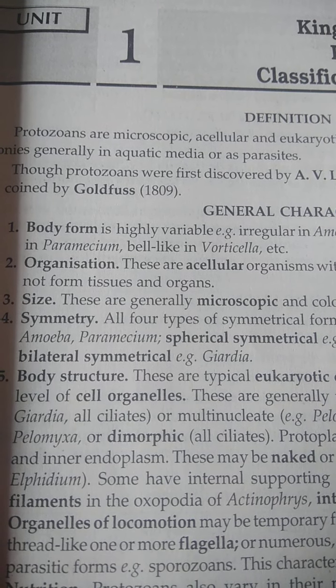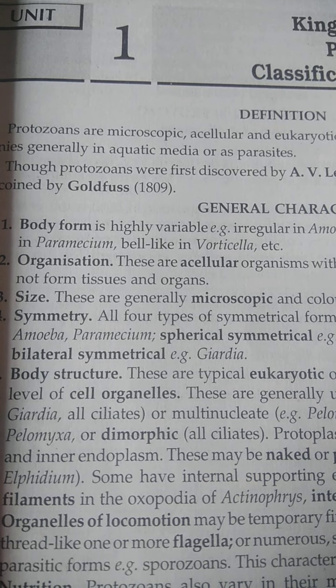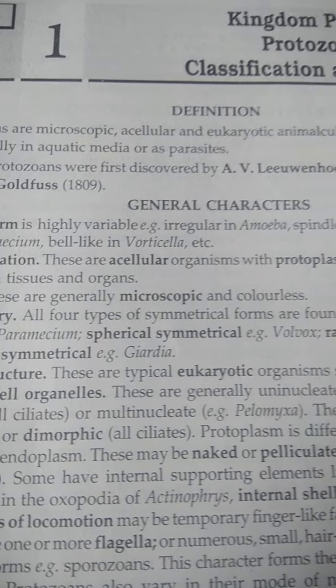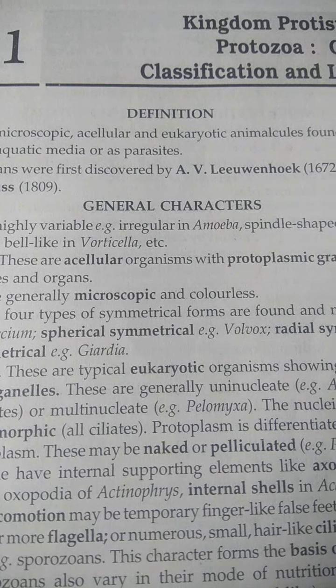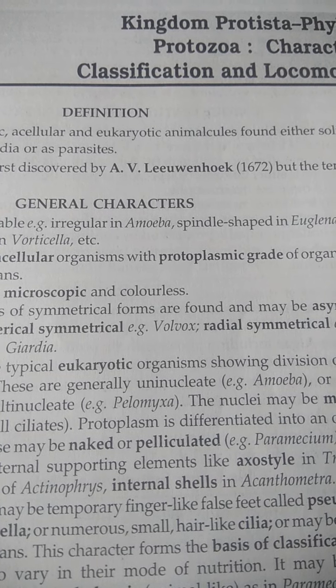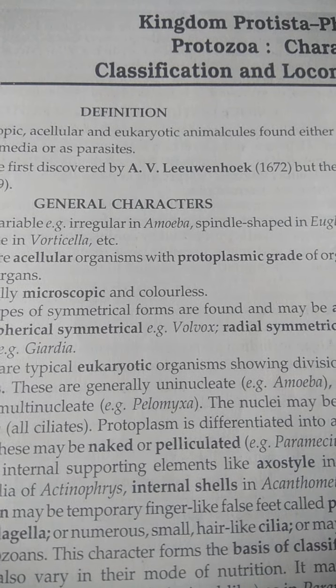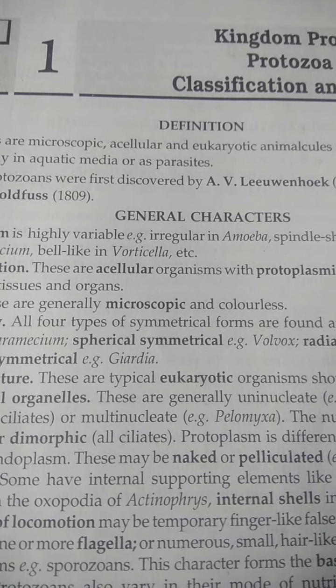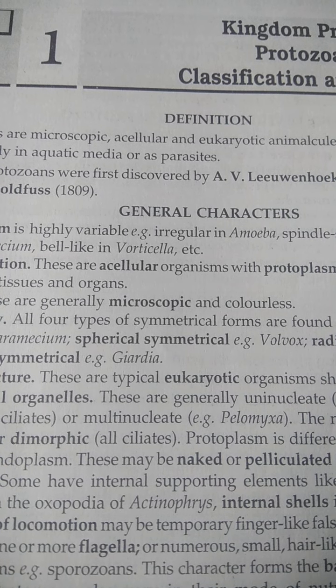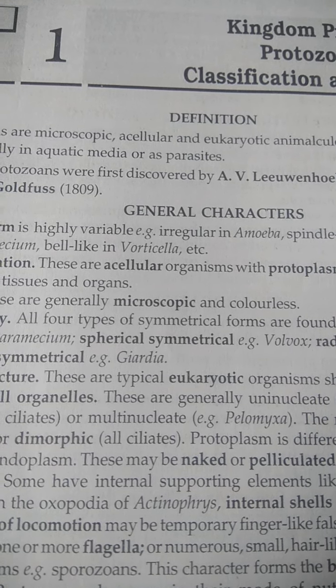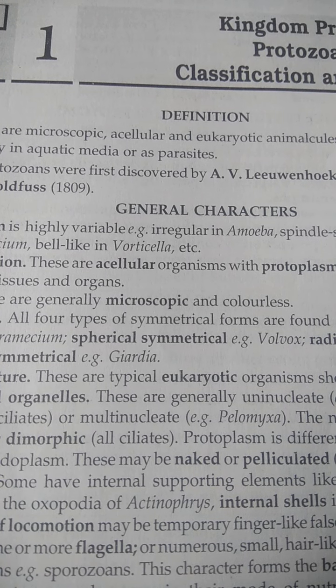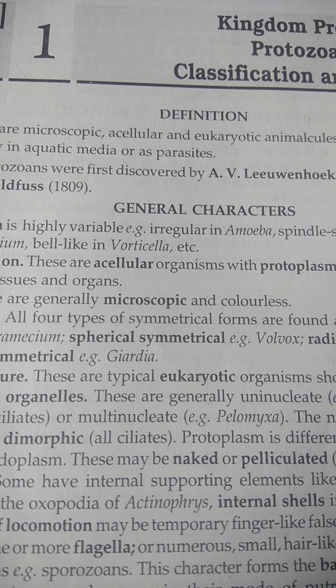Protozoans are microscopic organisms. They are acellular and they are eukaryotic animals. Every word has some meaning. Microscopic means they are so small that we cannot see them with our naked eye; they can be seen under the microscope only.